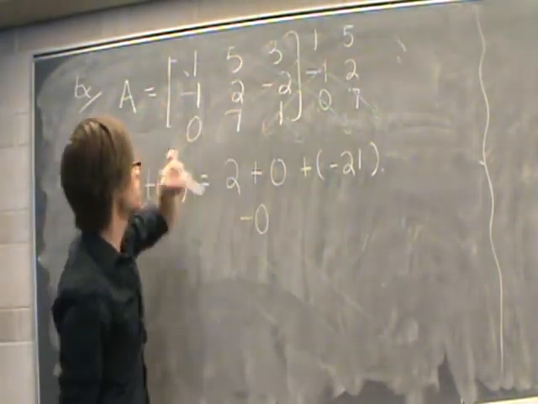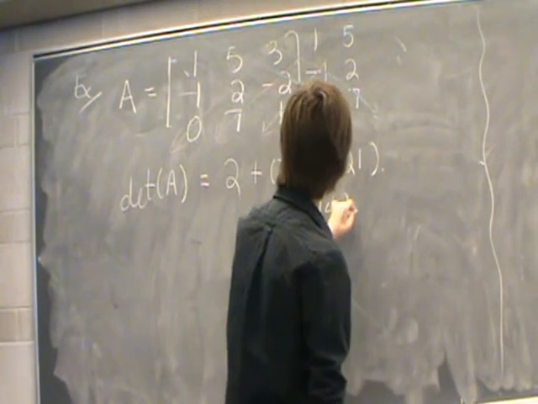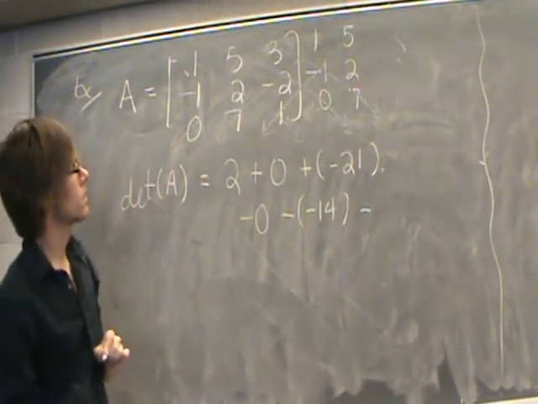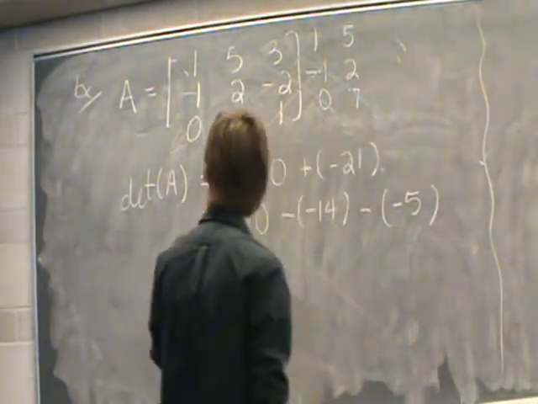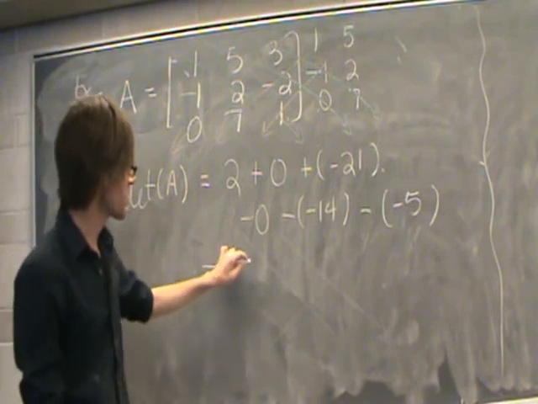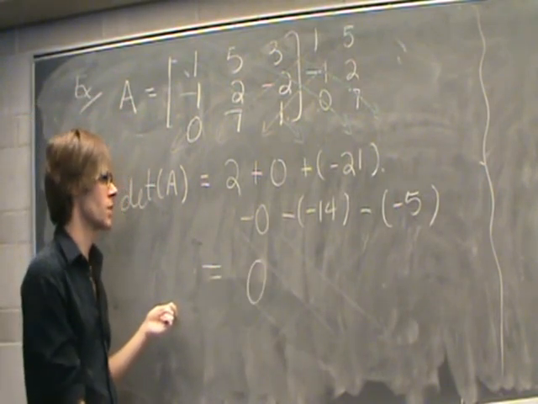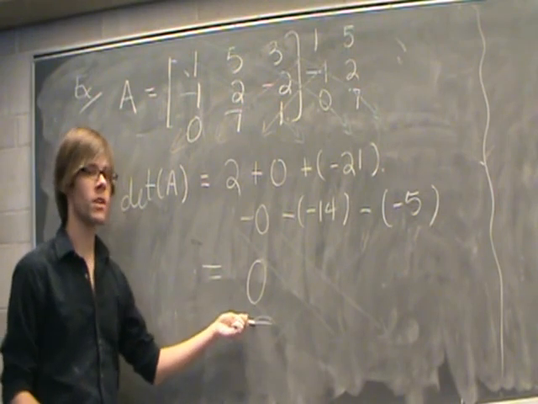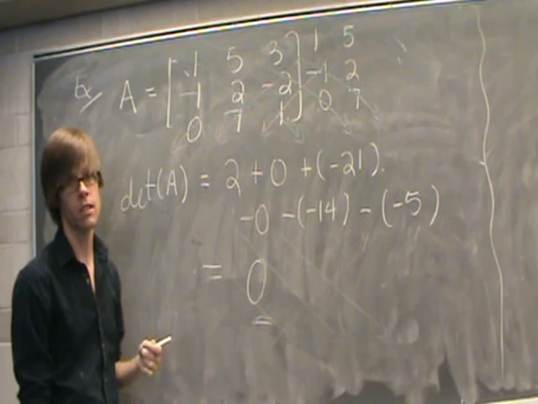Second one we get is minus 14. And the third one we get is negative 5. So when you add all of these terms together, we end up with the determinant of A equal to 0. So this special value here tells us that the matrix A is not going to be invertible.